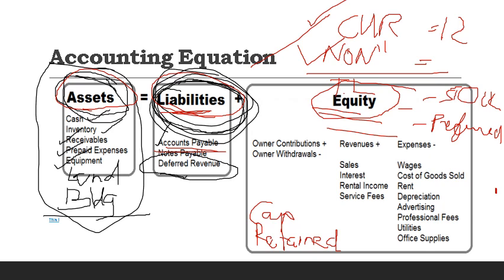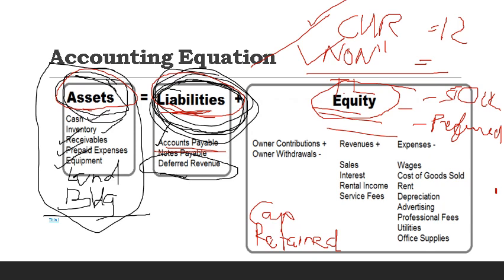So, the accounting equation in action: in order for the accounting equation to stay in balance, every increase in assets has to be matched by an increase in liabilities or equity or both. If the accounting equation is out of balance, that's a sign that you have made a mistake in your accounting and that you lost track of some of your assets, liabilities, or equity.